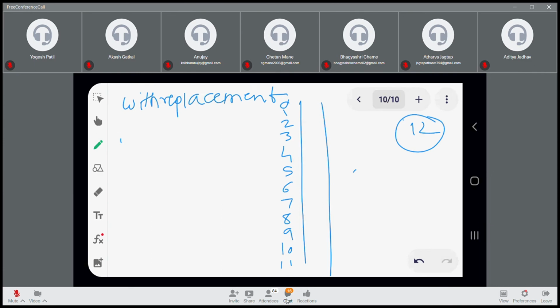So first number is 24. Tell me the index for 24. 4, ma'am. Function is again modulo 10, so 4. For 13, 3. For 16, 6.